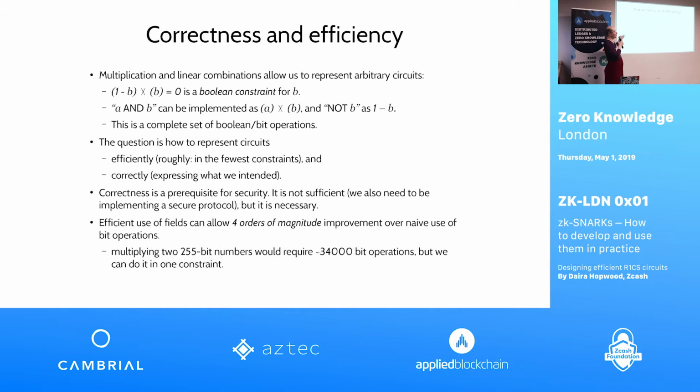So the hard part is making use of the fact that we have an arithmetic circuit, so a circuit on field elements rather than Booleans. And we need to do that without making it so complicated that we make mistakes and we introduce security bugs in our protocols.